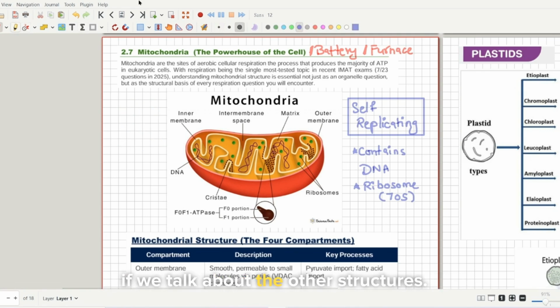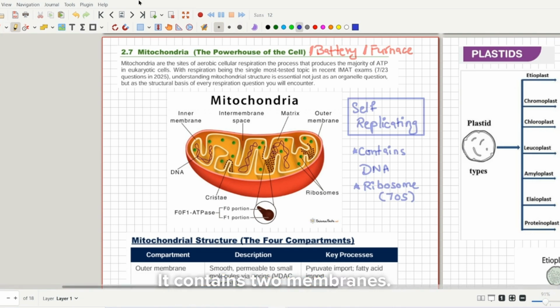If we talk about the other structures, it contains two membranes, the outer membrane and an inner membrane. The outer membrane is smooth and it contains porins. Porins, you can say holes, and that's why material can go in and out of the mitochondria. The first thing you need to know is that these porins are freely permeable.